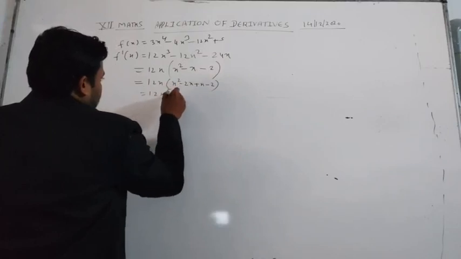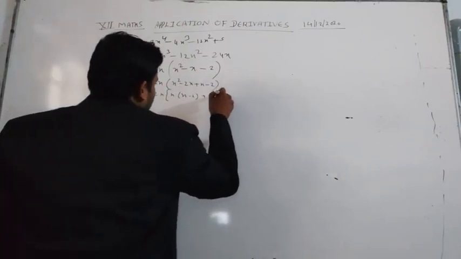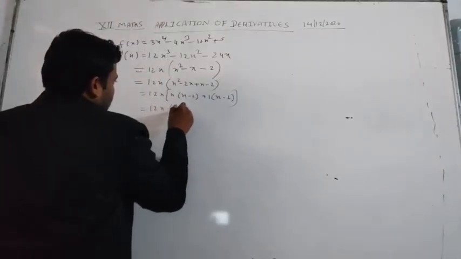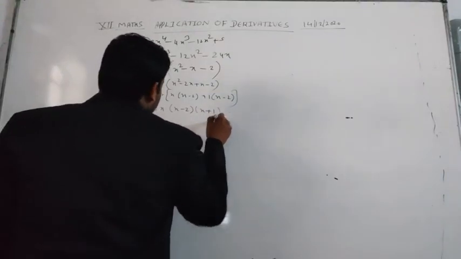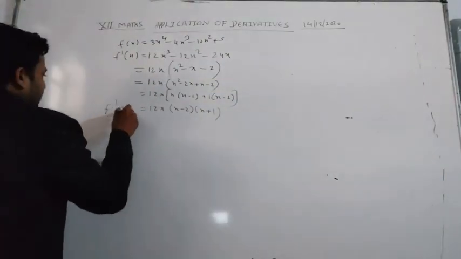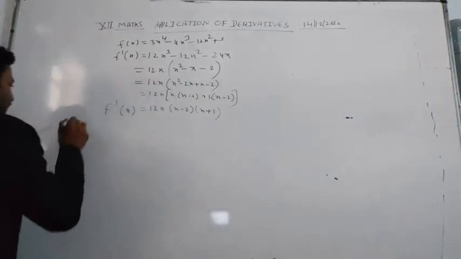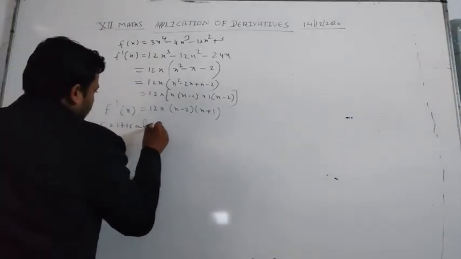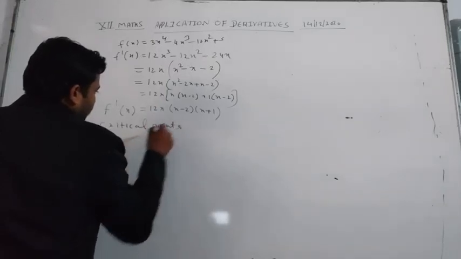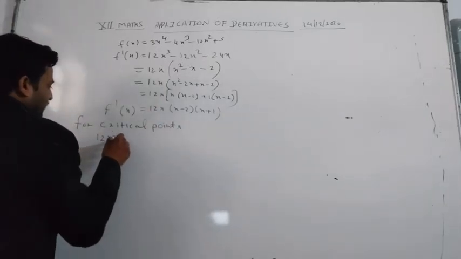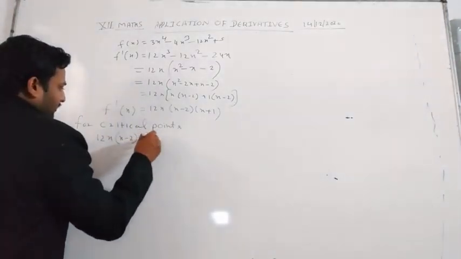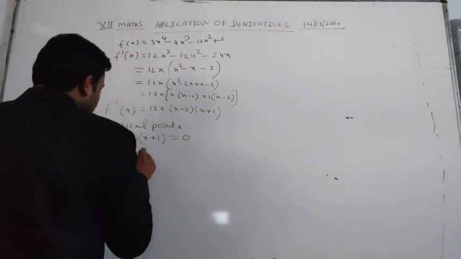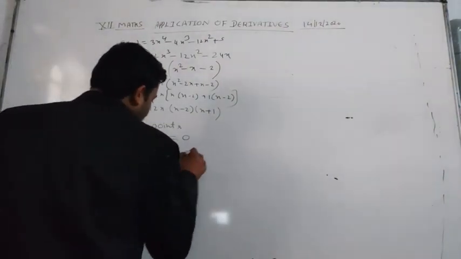So 12x into x minus 2 into x plus 1. So f dash x is this. Now for critical points, 12x into x minus 2 into x plus 1 is equal to 0. So x is 0, x is 2, x is minus 1.